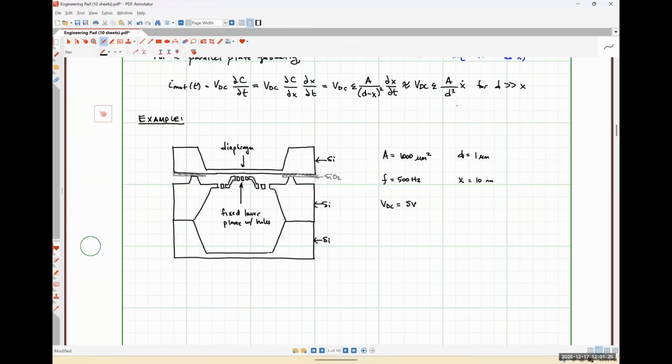But in order to use this approximation, we need to figure out the velocity of our plate. And we were told the plate's displacement as well as the frequency at which the plate is oscillating, okay? So I think, and feel free to correct me if I'm wrong here, I could say that our plate displacement as a function of time would be 10 times sine.